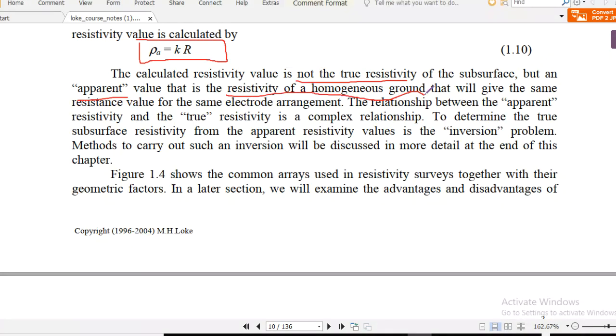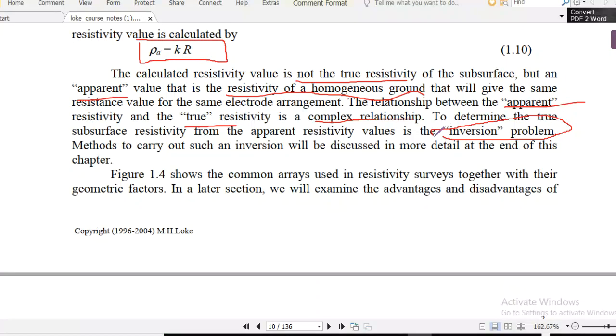The relation between the apparent resistivity and the true resistivity is a complex relation. To determine the true subsurface resistivity from the apparent resistivity value is an inversion problem. We call it the inversion problem.